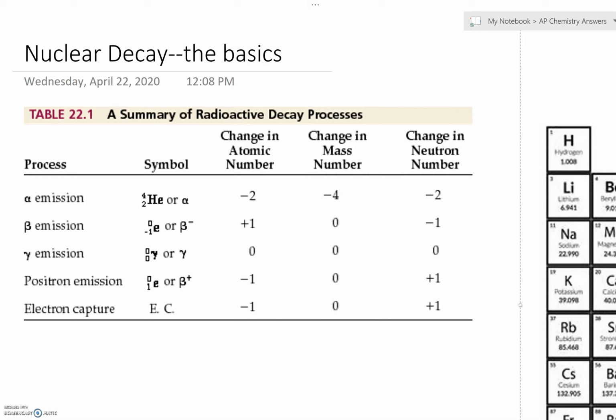So what we're interested in is these 5 types of radioactive decay. You'll want to familiarize yourselves with their names and what they do.